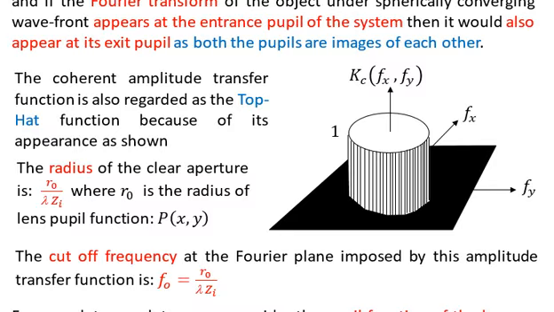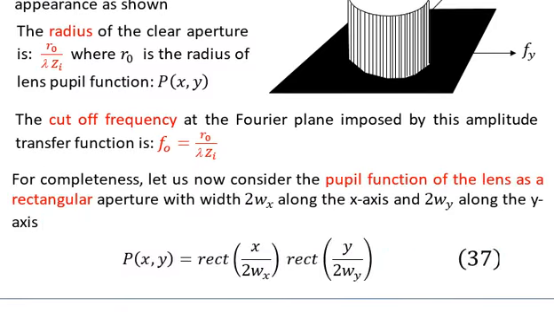The radius of the clear aperture is R0 over λzi, where R0 is the radius of the lens pupil function. The cutoff frequency at the Fourier plane imposed by this amplitude transfer function is f0 equal to R0 over λzi.